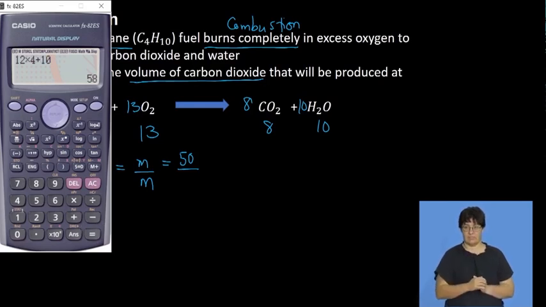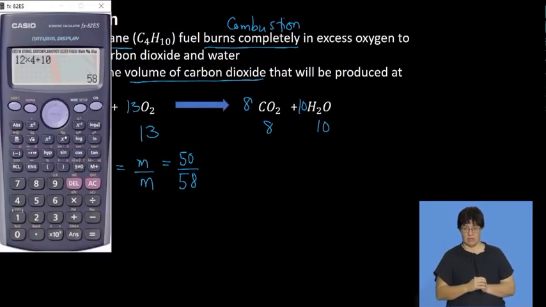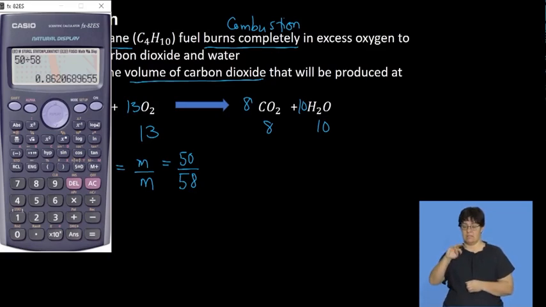That's 58 grams per mole. So if we calculate the moles that are present, it's going to be 50 divided by 58. So in a 50 gram sample of butane, we've got 0.86 moles.